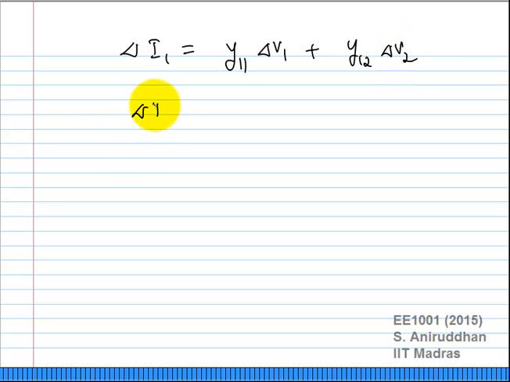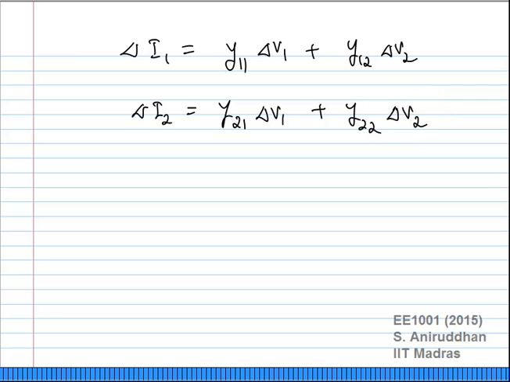So in other words, I'll use small y's to represent incremental y parameters. Is that clear?